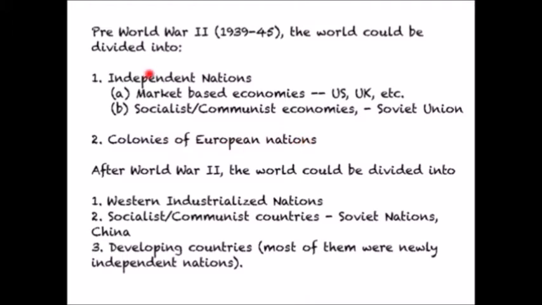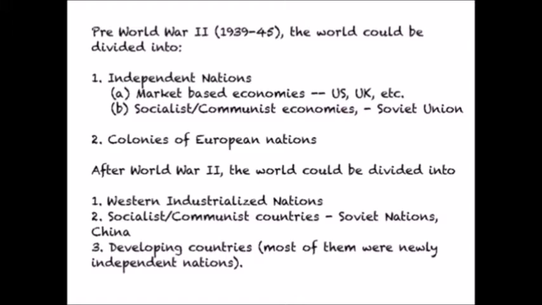As far as independent nations go, these could be further subclassified based on the ideology that they were pursuing. One was a set of countries based on market economies, like the US, UK, and so on. And then in 1917, the former Soviet Union became a socialist or communist country. So this was the picture leading up to World War II.